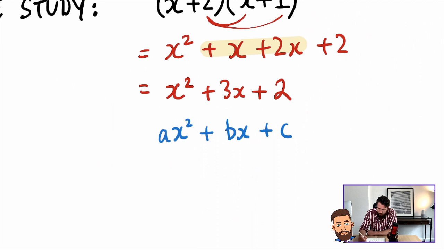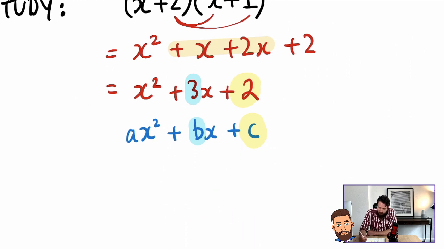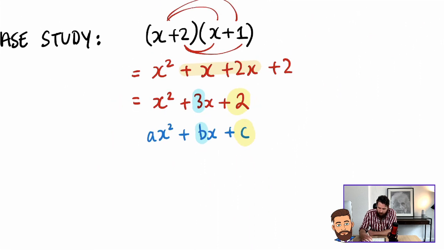So if we color coordinate this, hopefully you can see that our coefficient of x, b, is 3. c is the plus 2. And a is 1. If we think about factorizing this, we're going to need two brackets, aren't we?